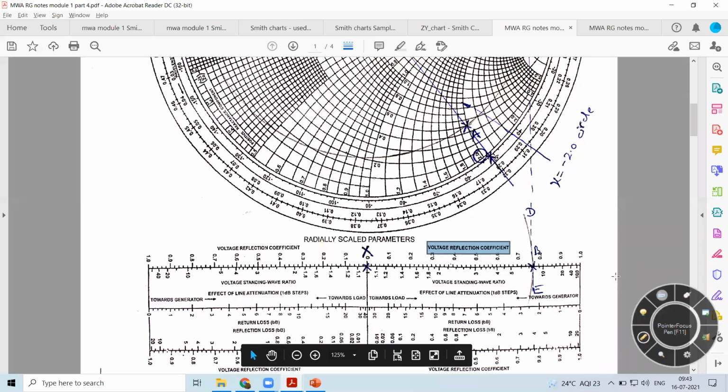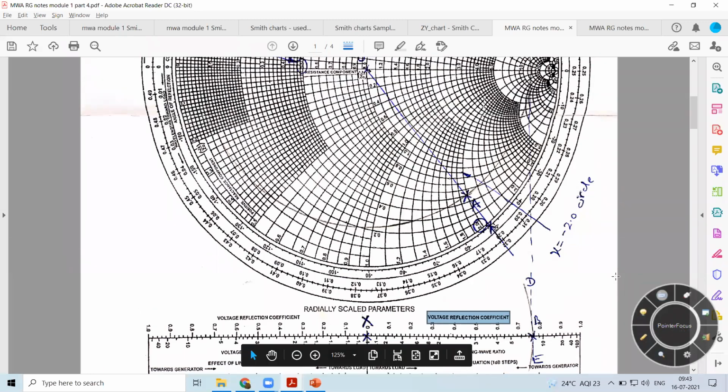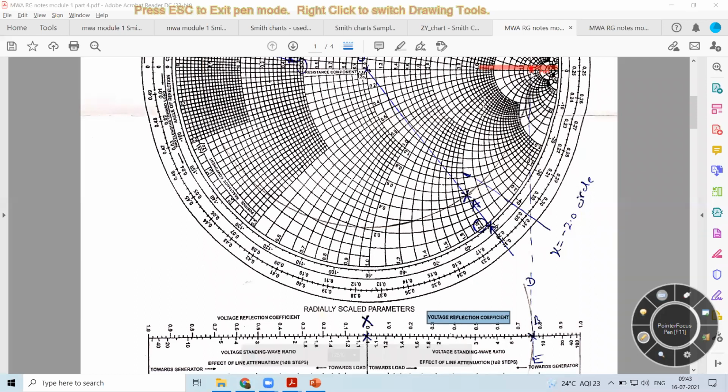Now there are two ways of identifying the reflection coefficient. Here you can see that the circle has cut the horizontal line at this part. You project this down onto the reflection coefficient scale.